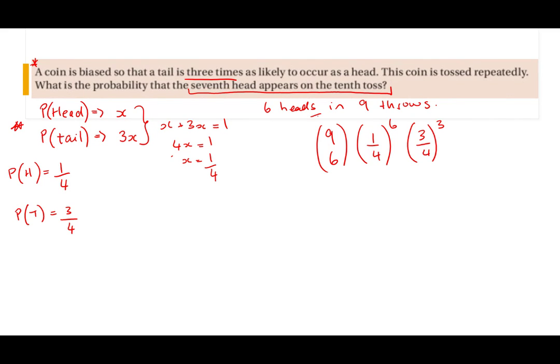I'm actually going to do this all in one, because at the end my 10th one, after my 9 here, which is my 6 heads in 9 throws, has to be a head. The very next one has to be a head, so multiplying it by a quarter. And that leaves me with quite a large fraction, 567 over 262144.